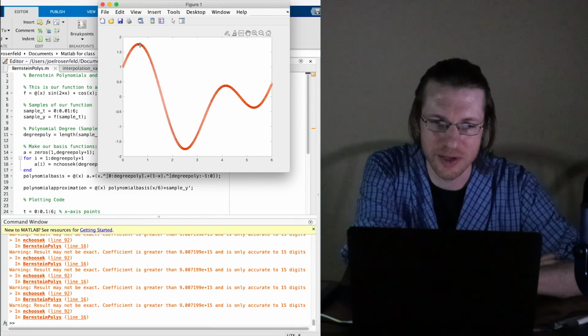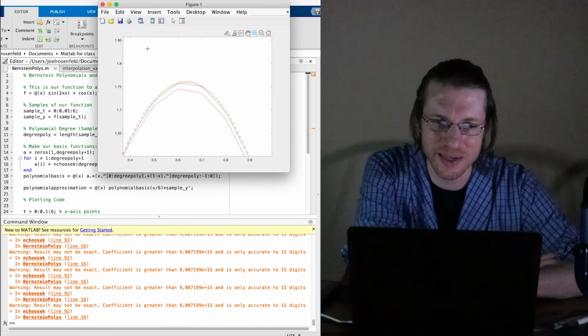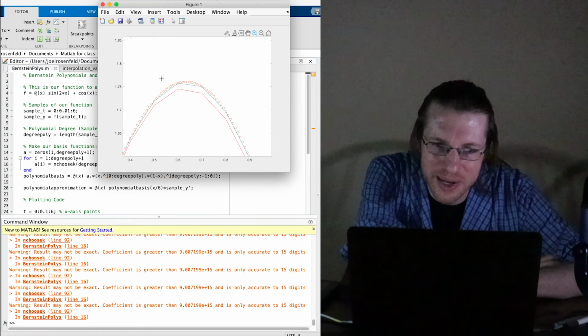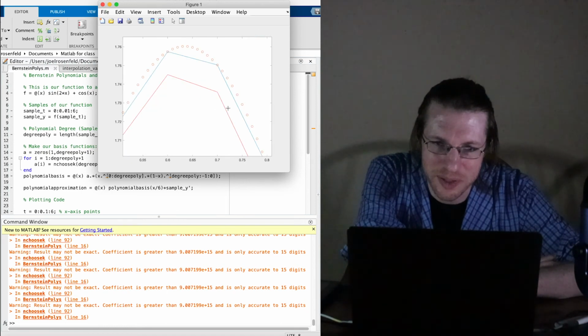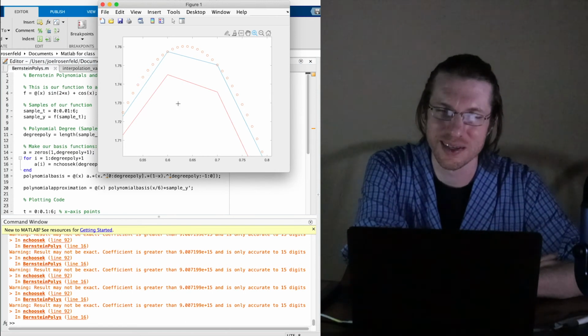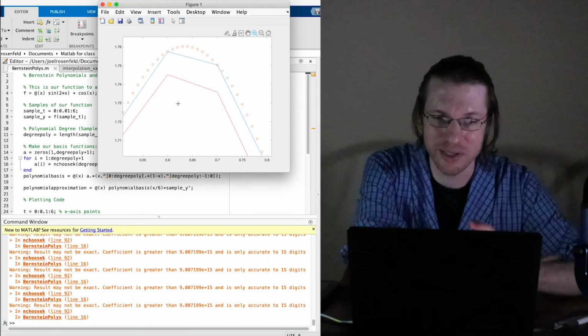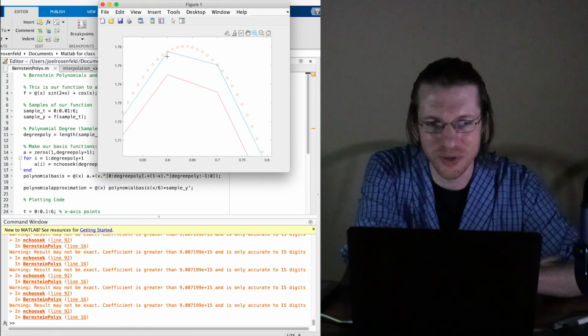Let me see if I just zoom in here so you can see what's going on. Boop. All right, so we're still not quite matching, but you know that's pretty damn close. So these points here, it looks geometric because truly MATLAB actually does piecewise linear interpolations of points that you give it, but that's neither here nor there.